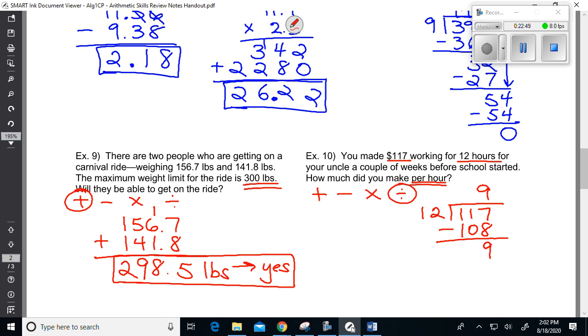So now that we're working with decimals, we're not going to put remainder. Put up a decimal, throw down a 0, and we keep going.